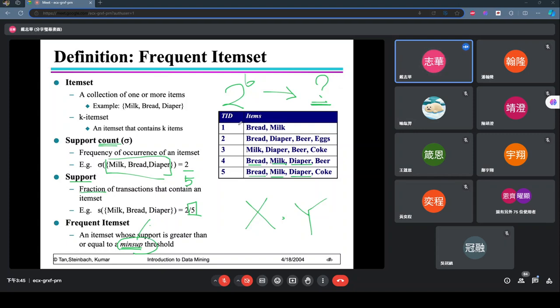Usually there will be no one item that is so important and favored by everyone, by the whole group of your customers. Usually it won't happen. But if it happened, that means that kind of information is not that important.